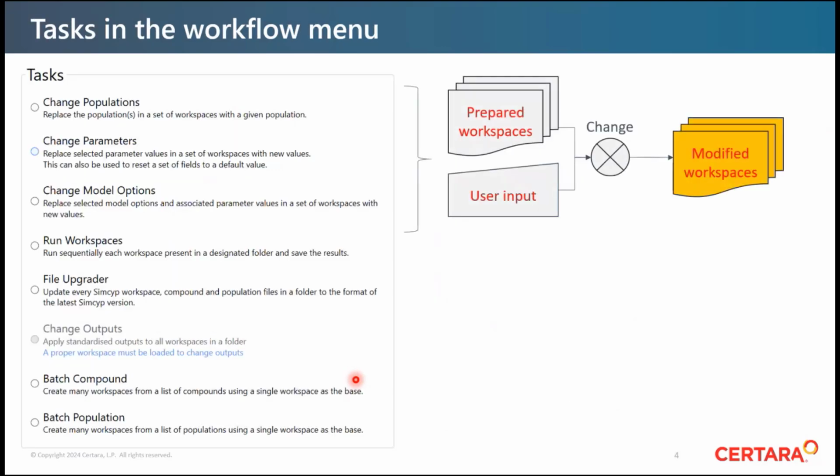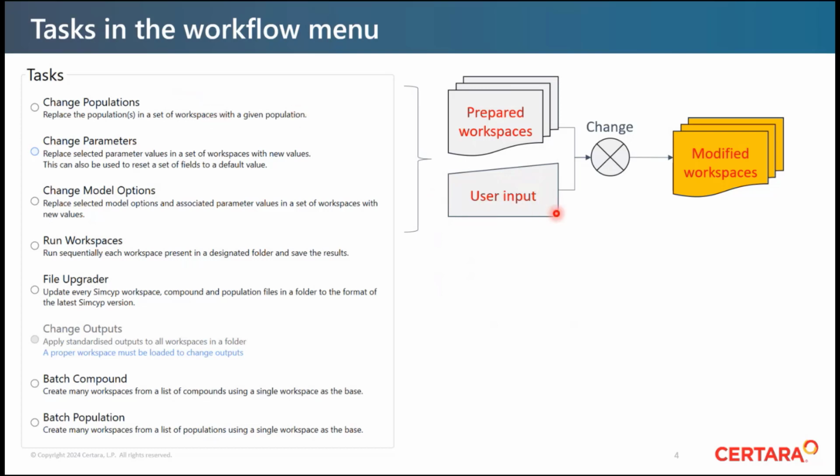The structure of all these tasks is very similar, basically, but there are some differences. When you change population, change parameters, or change model options, you need to prepare some workspaces. Say you have 50 workspaces that you have already worked on, and you want to change the population for all of them, going from Caucasian to Chinese patients, for example.